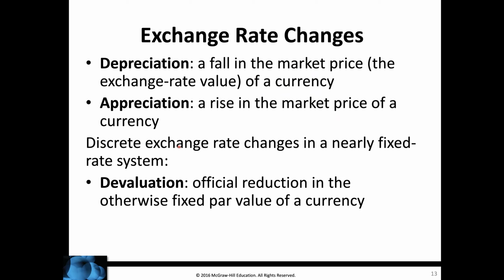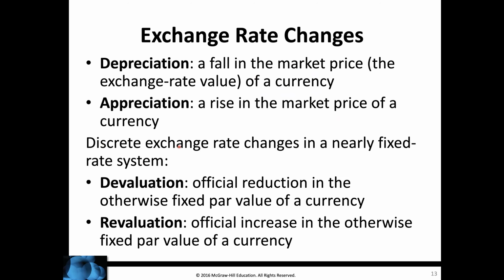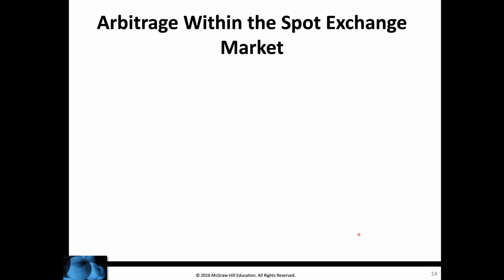There can be devaluation. This is an official reduction in the otherwise fixed par value of a currency. So this is a discrete change in a fixed rate system. Also, there can be a revaluation. Again, these are steps taken by governments. A revaluation is the official increase in the otherwise fixed par value of the currency.